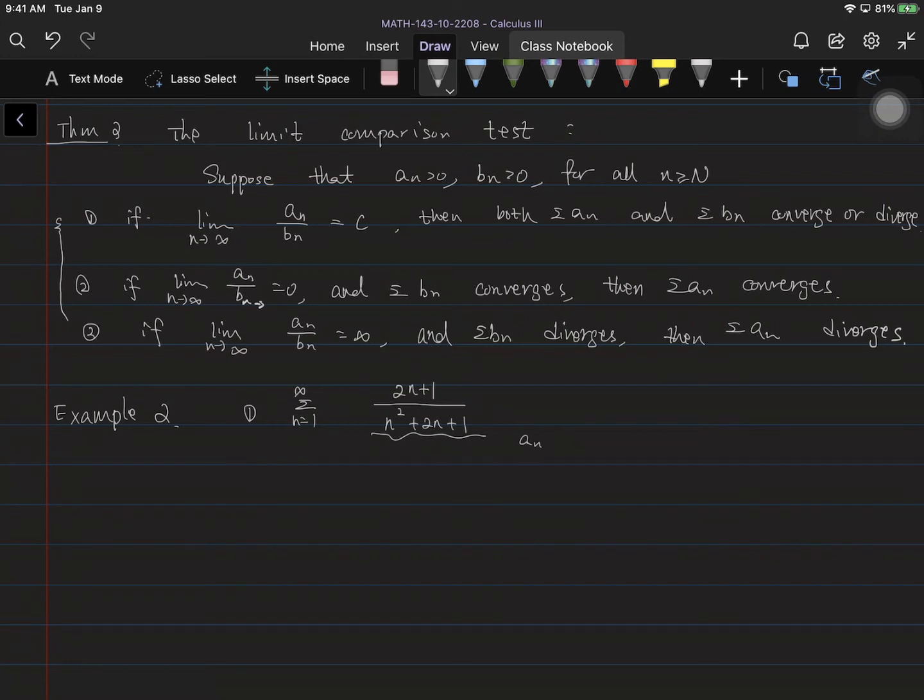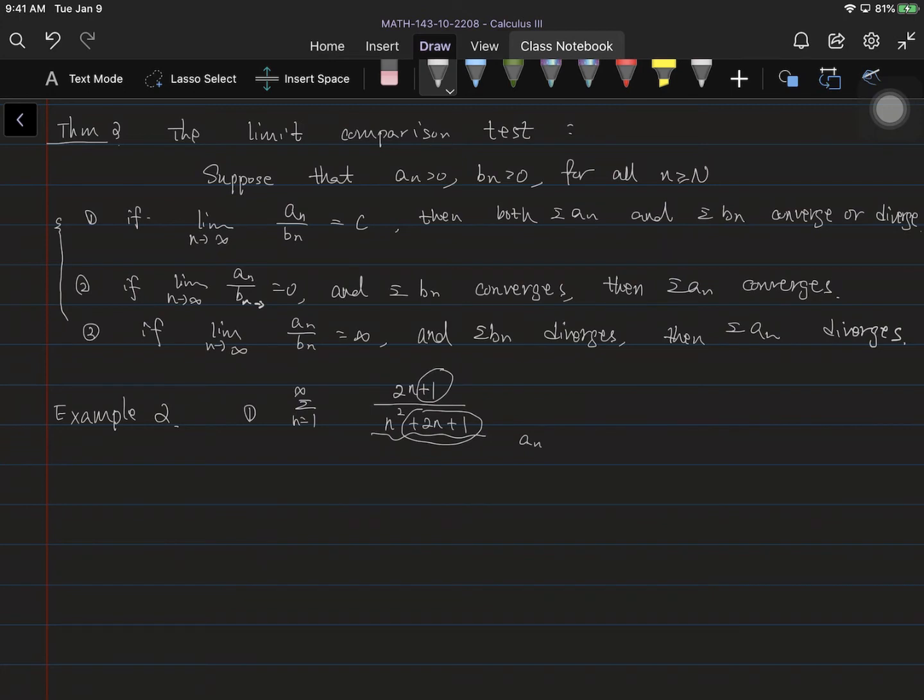By looking at this an, when n goes to infinity, we can ignore those numbers, because the constant 1 and the 2n plus 1 are much smaller than n squared. So we can just ignore those terms when n goes to infinity.